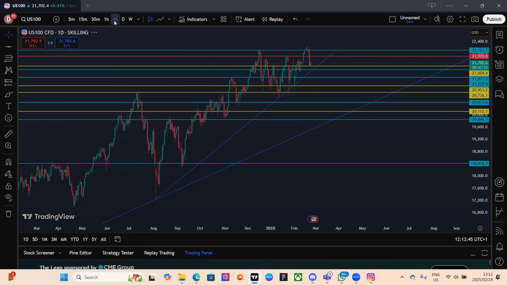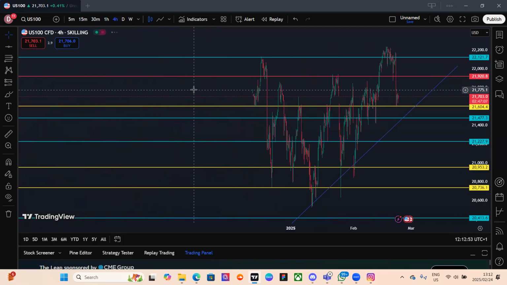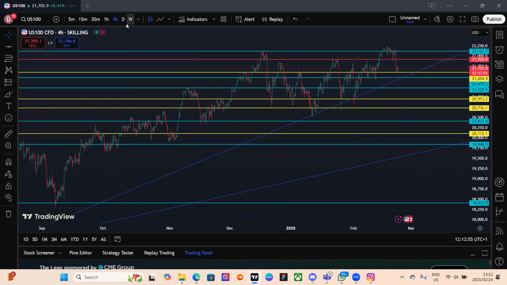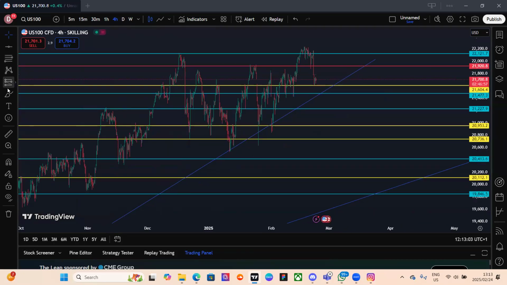All right. So currently, as we're viewing it on a much higher time frame, you're seeing higher highs and higher lows being created, but areas that are being retested.